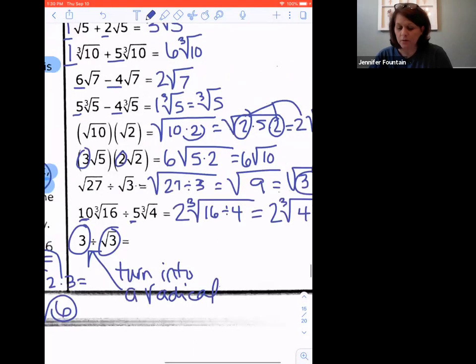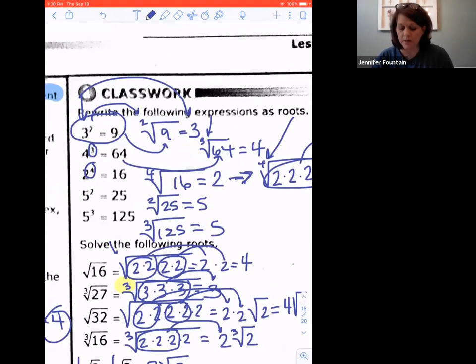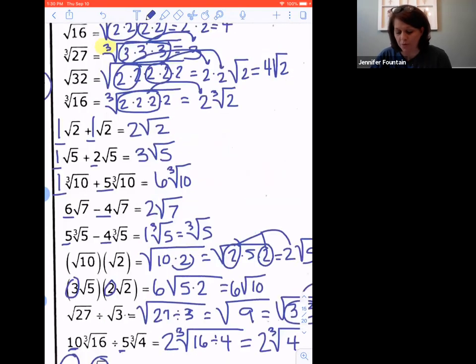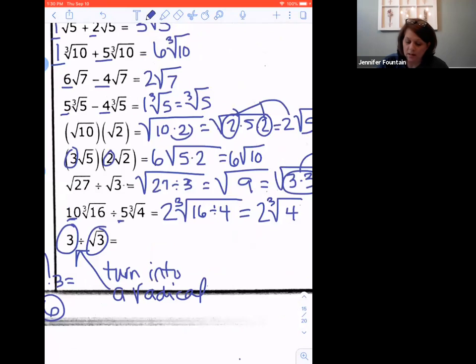Remember up here, when we looked at this part right here, we said 3 squared equals 9, so the square root of 9 is 3. If I'm turning the whole number 3 into a radical, I'm going to multiply it by itself and put it under the radical sign. So the whole number 3 becomes the square root of 9.